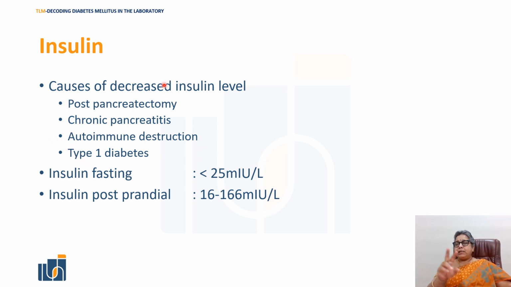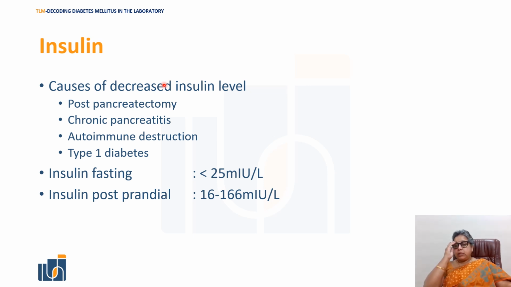So now we see the difference between type 1 and type 2. In type 1, there is a lack of production of insulin by the beta cells of the pancreas, so there is a decreased insulin level. In type 2 diabetes mellitus, there can be normal or increased levels of insulin, but there is a peripheral resistance to the action of insulin, which prevents the glucose from being utilized and therefore causes hyperglycemia.